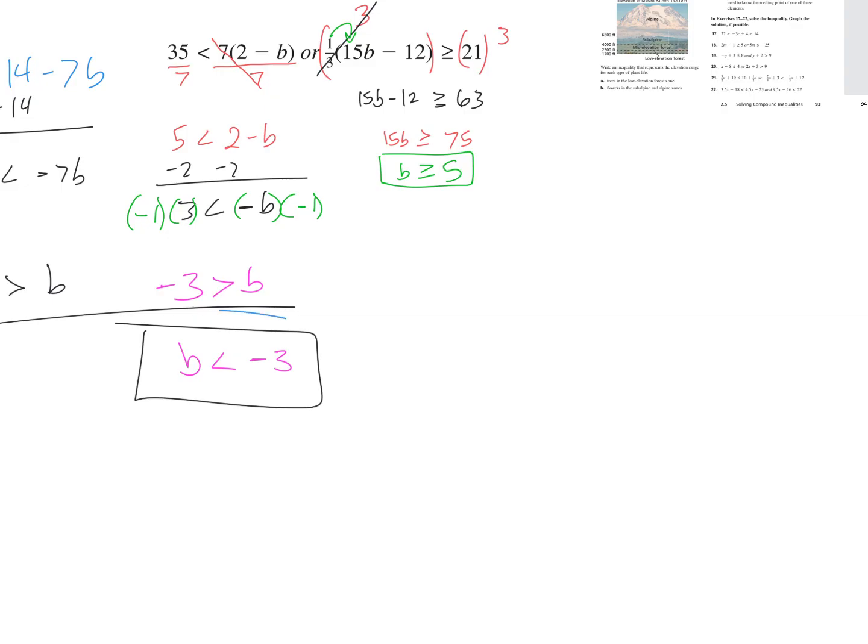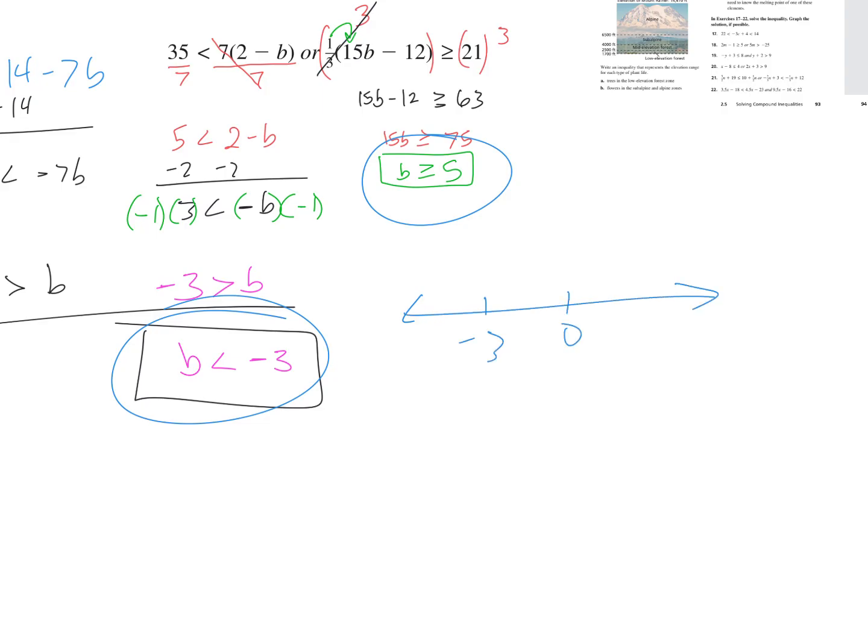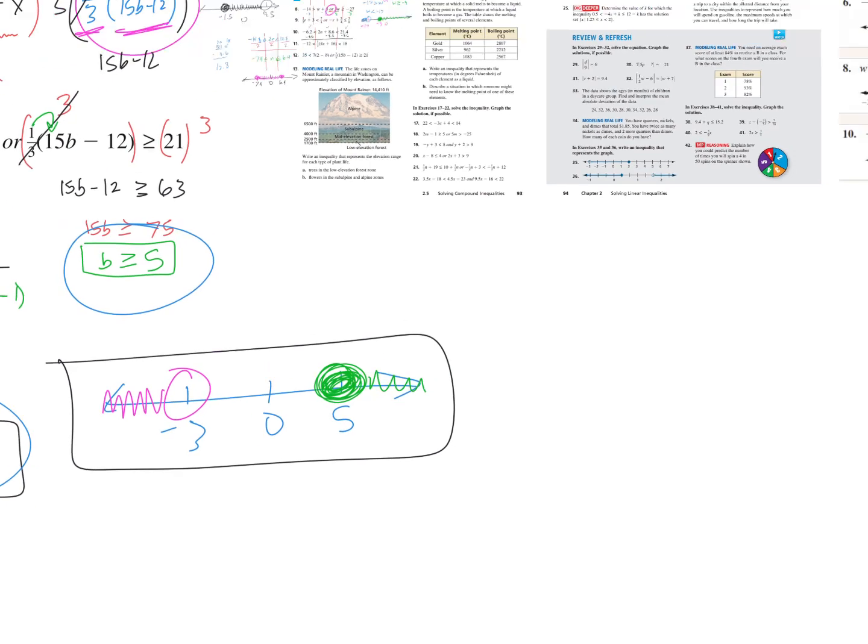We have an or, so it's this or this. Let's see it graphed. There's 0, there's -3, there's 5. b is less than -3, open dot. b is greater than or equal to 5, filled in dot. We are done. This is what an or looks like.